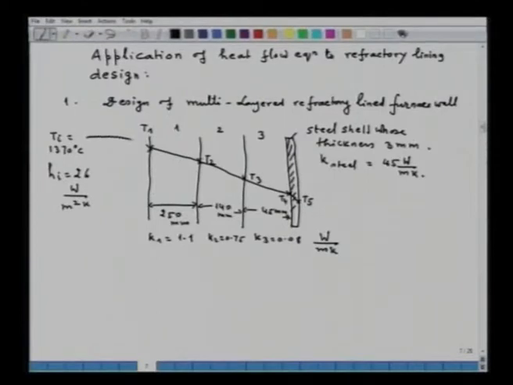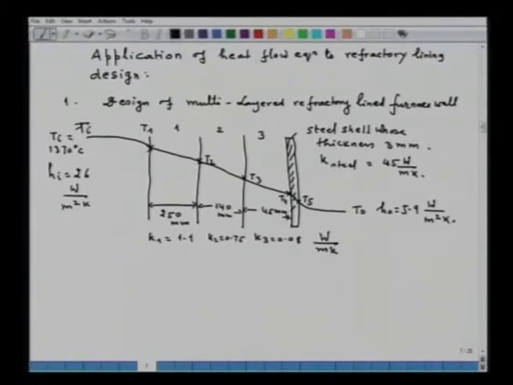As such there will be a temperature drop, this will be Ti, and here accordingly we have T0 and here H0 is given to you as 5.9 watt per meter square Kelvin.